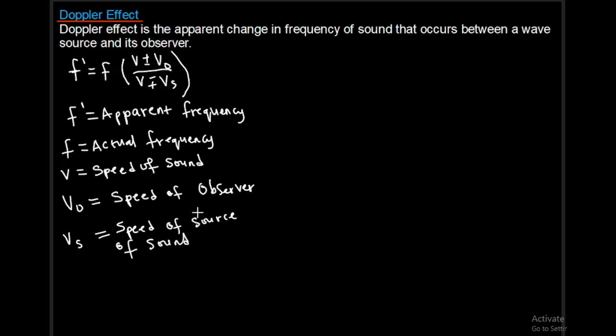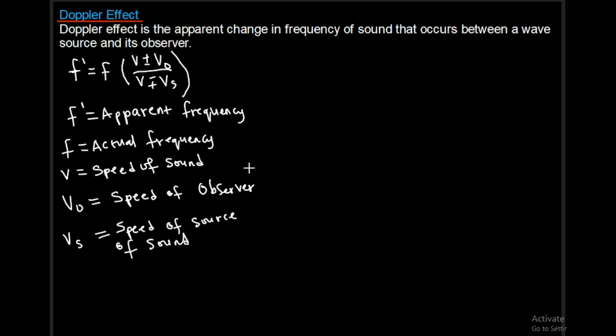Now, what is the Doppler effect all about? Basically, just picture a situation whereby we have a police car approaching a particular town, let's say town A. We discover that as the car approaches town A, the sound of the police siren becomes louder. That change in the frequency of the sound of that siren is what we call the Doppler effect.